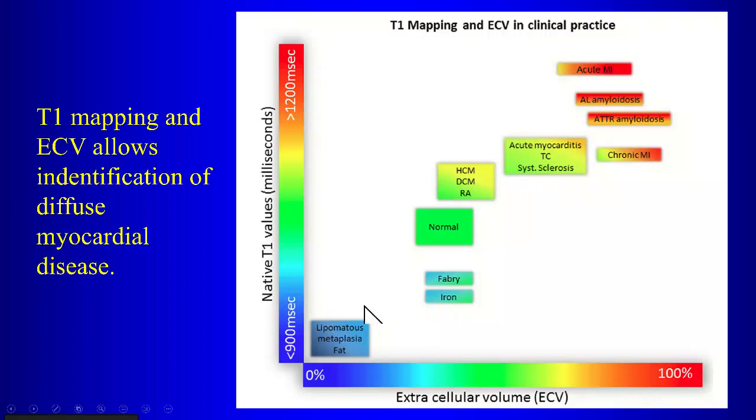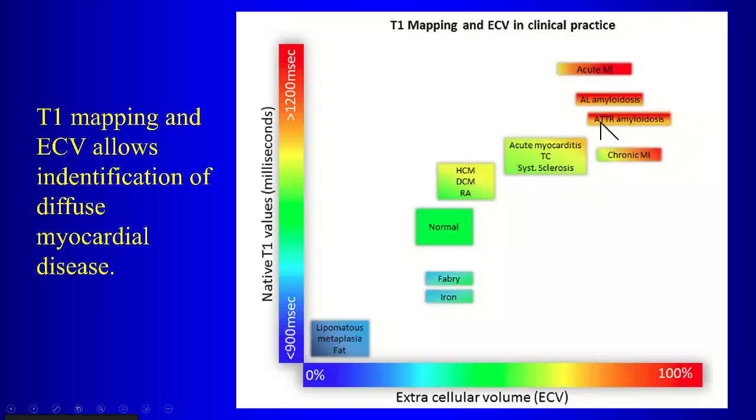So when we look at what happens with pathology, what happens to the extracellular volume, what happens to native T1 values, remember I said that fat will decrease your native T1. So where you have fat, that will be low. Where you have iron, Fabry's disease, low. Where we have pathology like hypertrophic cardiomyopathy, myocarditis, myocardial infarction, amyloidosis, this tends to increase your T1 times.